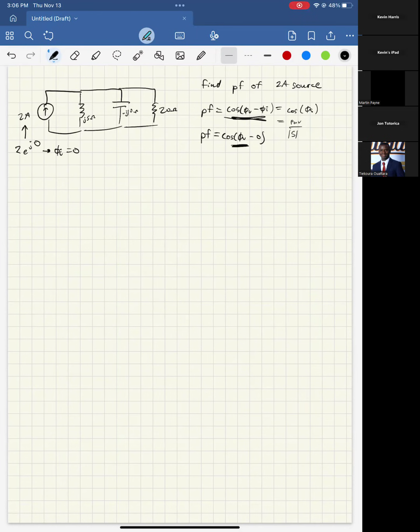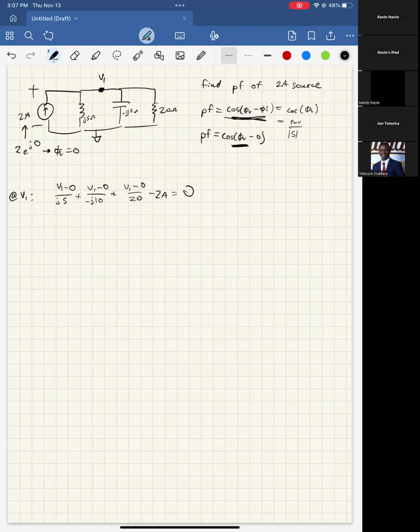So, what is the voltage across this current source? To do that, I will do a single node voltage equation. We have V1 and ground at the bottom. At V1, our equation is V1 minus 0 over j5 plus V1 minus 0 over negative j10 plus V1 minus 0 over 20 minus 2 amps equals 0.